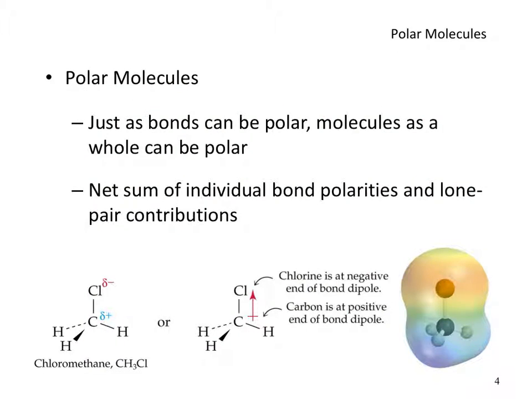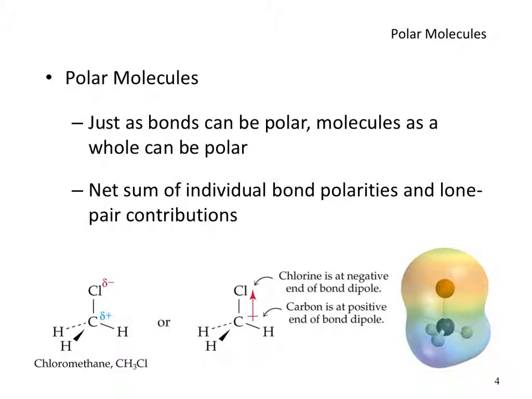All right, so I introduced this term bond dipole, which causes a bond to be polar. And if such a polar bond is present in a covalent molecule, there is a good chance that that particular molecule is going to be polar as well. But there is one other feature that you have to test to be able to make a call whether molecules on the whole are polar or not.